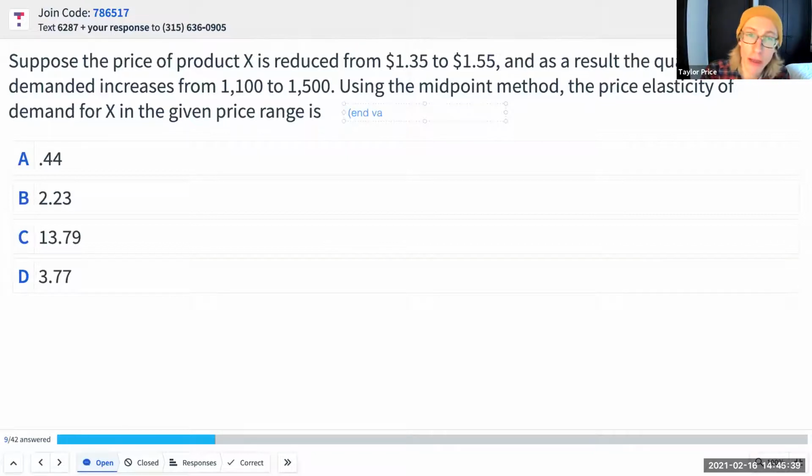So end value minus start value divided by the midpoint, which is just the end value plus the start value divided by 2. So that is the midpoint method, which then you plug into the demand equation, which is just quantity demanded divided by price. And that'll give you the elasticity. Yeah, and someone actually posted it in the chat as well.